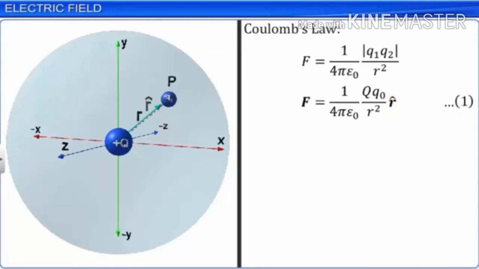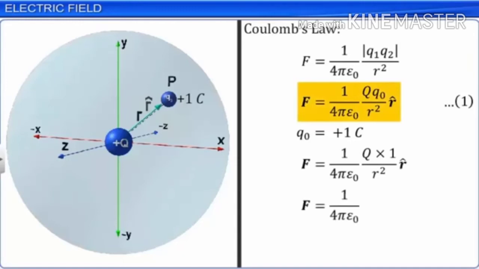Now, if q0 is a unit positive charge, that is, q0 equals plus 1 coulomb, then the electrostatic force as denoted by equation 1 becomes 1 by 4 pi epsilon naught q by r square into r cap. Let this be equation 2.